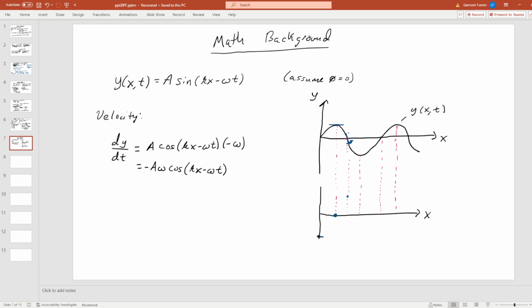So this is a negative slope, but because of this negative sign, that makes it a positive value. So if I were to plot my velocity as a function of time, it would essentially look like this.